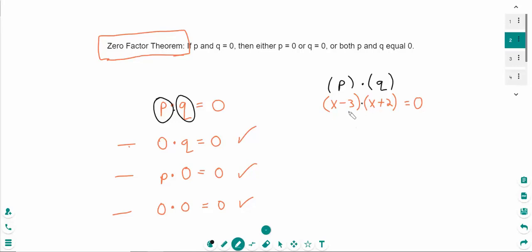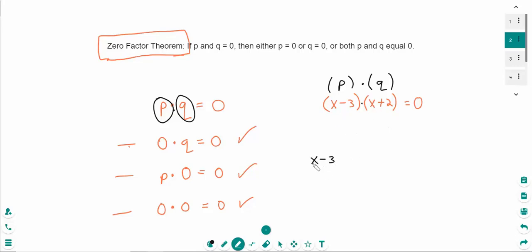And that can only happen if one of them or both of them are equal to 0. Does that make sense? All right, just think about that for a second. Make sure that makes sense to you. So one of these, if not both of them, has to be 0 in order for this product to be equal to 0.